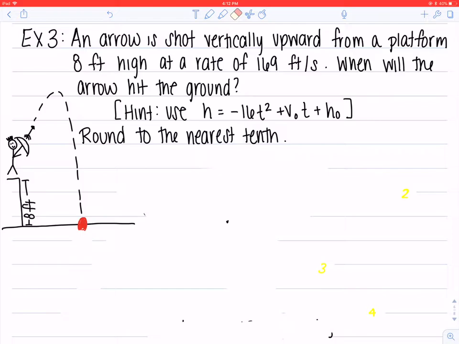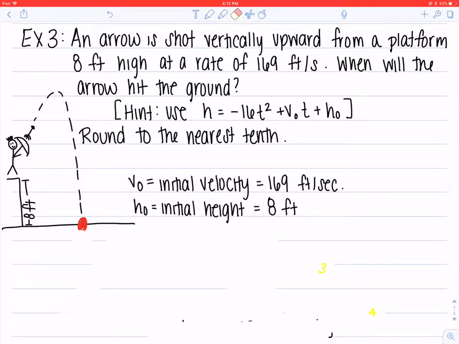It's going to land at some place. Now, to define some of these terms, v naught means the initial velocity, and in my case, it's 169. h naught, which is the initial height, is 8 feet because I'm standing on a platform.